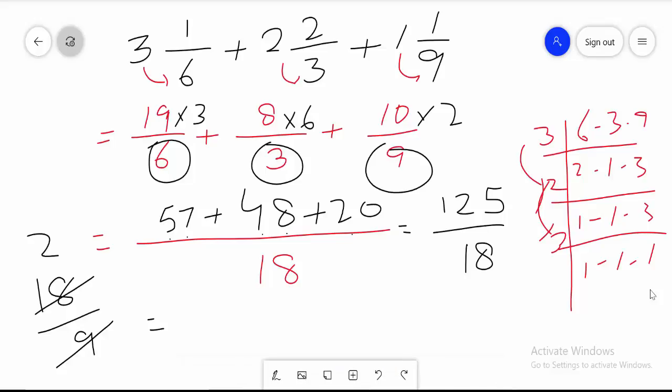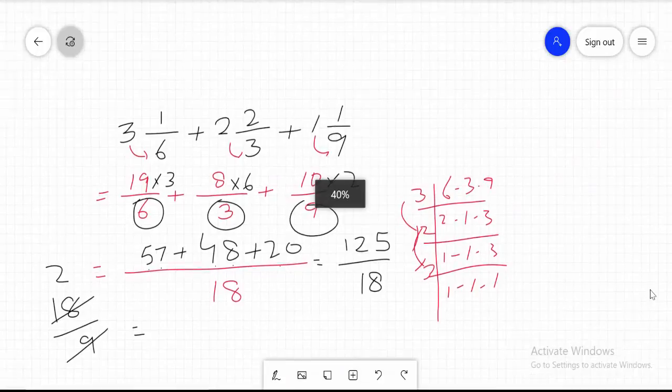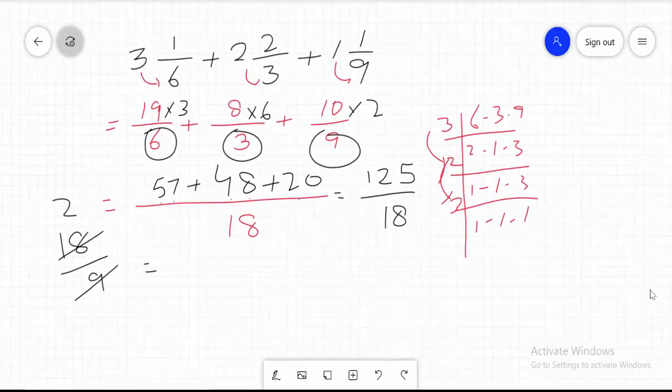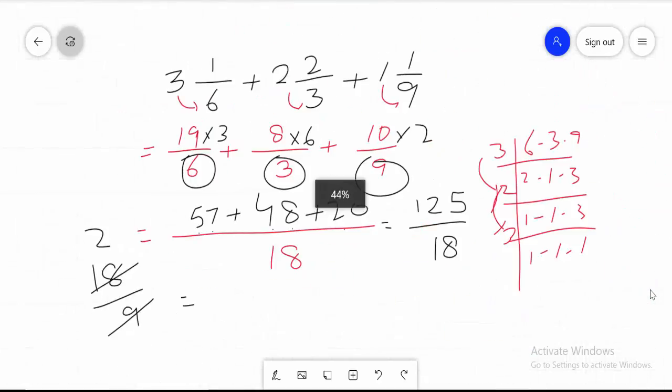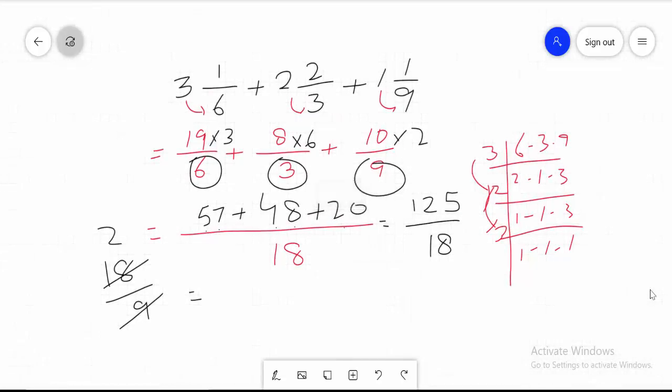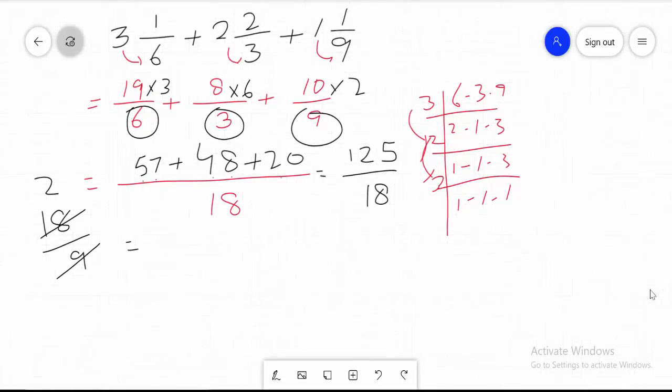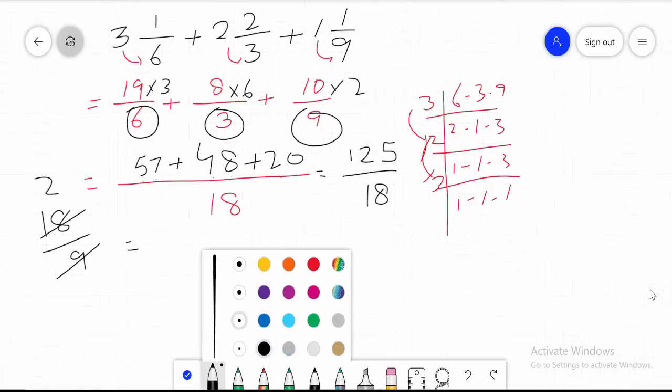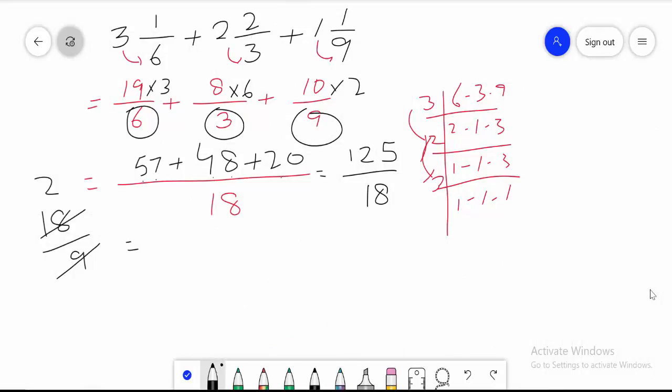So I need to close this to show further work regarding this. Close the screen so that you are properly able to understand. 125 divided by 18.